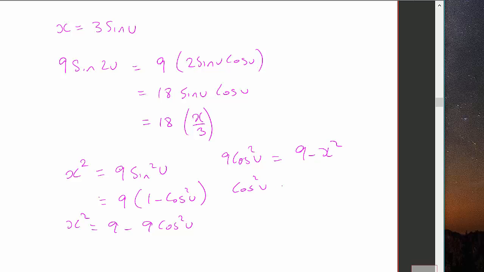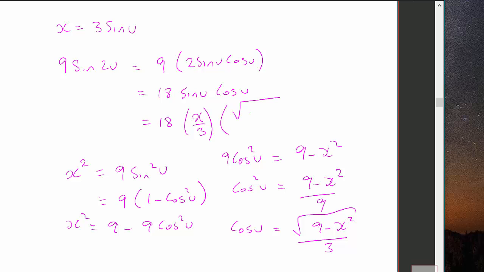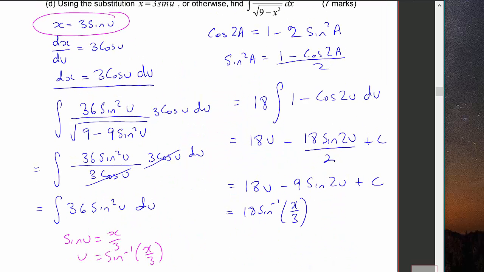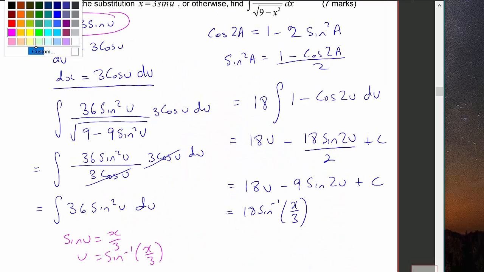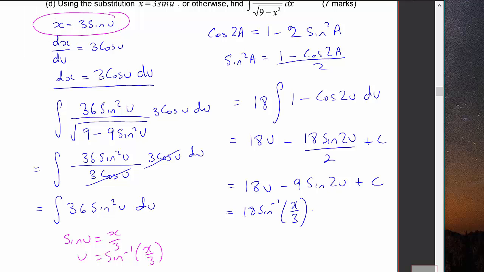So cos squared u would be 9 minus x squared over 9. So cos u would be the square root of 9 minus x squared over 3. So that is going to be root 9 minus x squared over 3. 3 times 3 is 9, so those will cancel that down to 2. So I'm going to end up here with 2x root 9 minus x squared plus a constant.